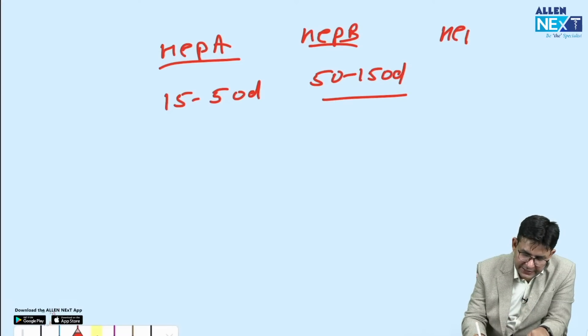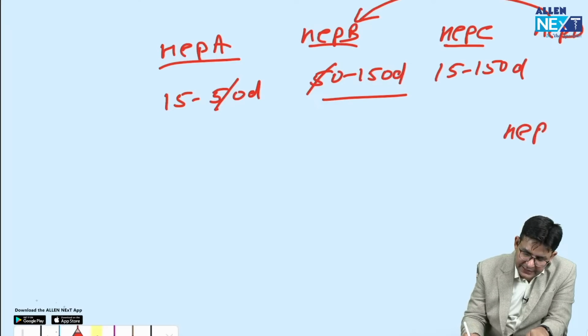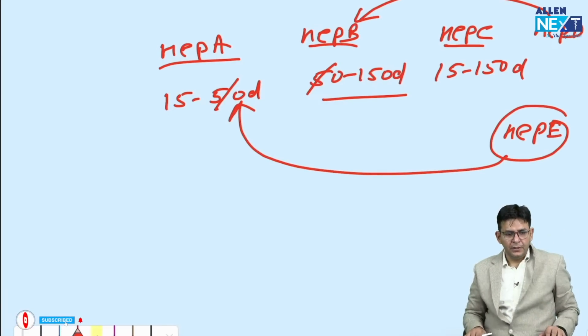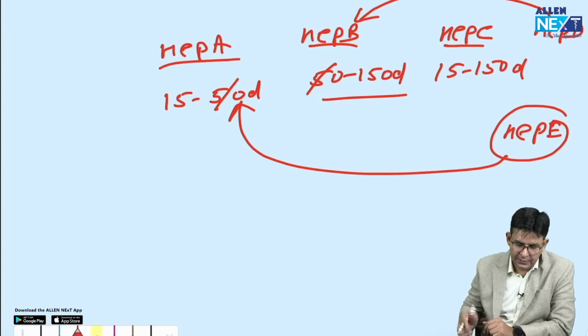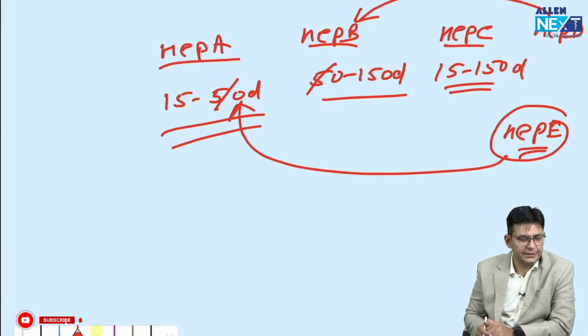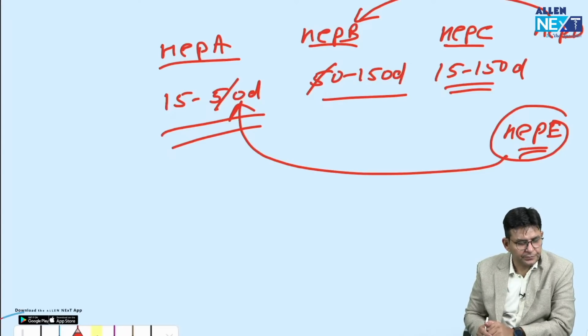Hepatitis C, this 50-50 cancels, 15 to 150 days. Hepatitis D is the same as B, and hepatitis E is the same as A. Simple. Okay, 15 to 50 days, 50 to 150 days, 15 to 150 days, and hepatitis E is 15 to 50 days.